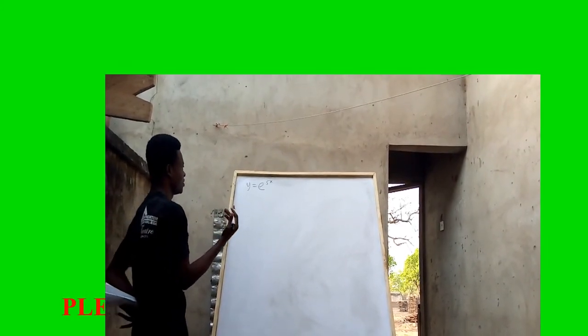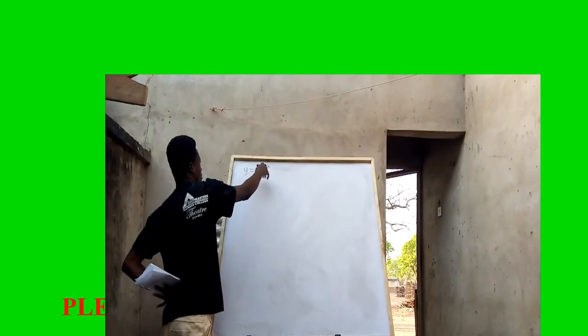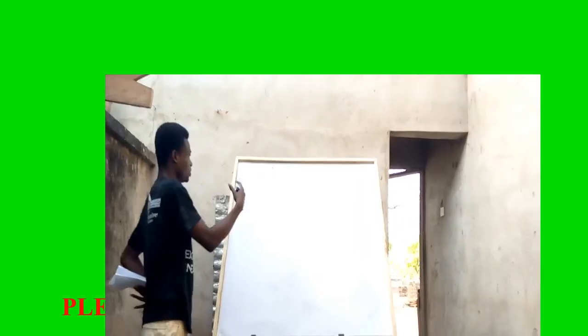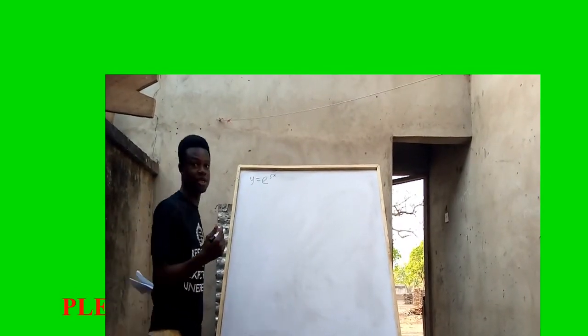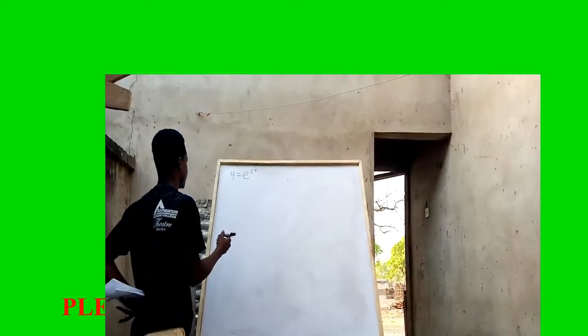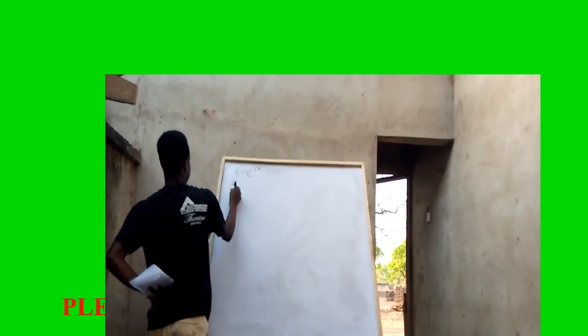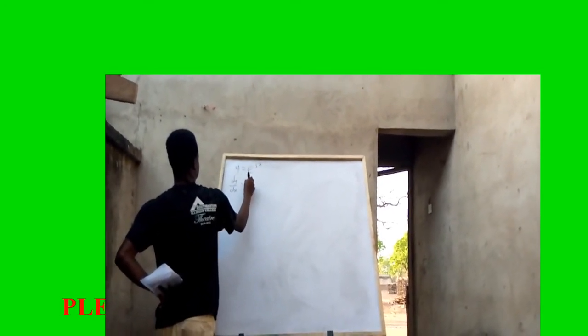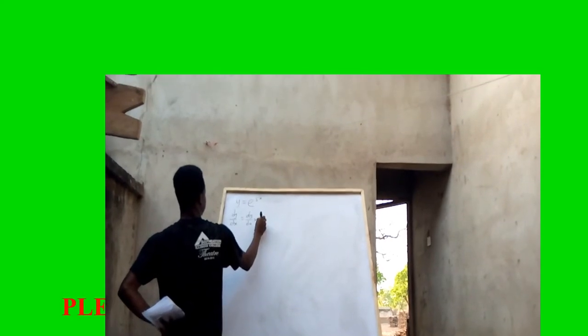5e raised to the power 5x. So if you know the rule, you can just put the rule there and get the answer straight away. In theory, you have to do some calculation. Okay, so with this one, the same formula here: dy over dx is equal to dy over du times du over dx.